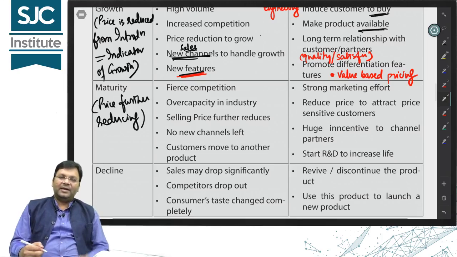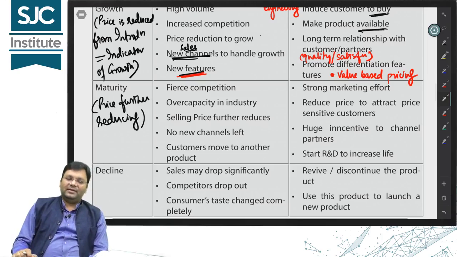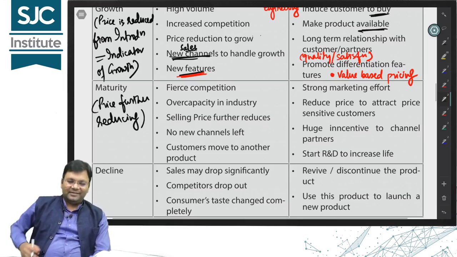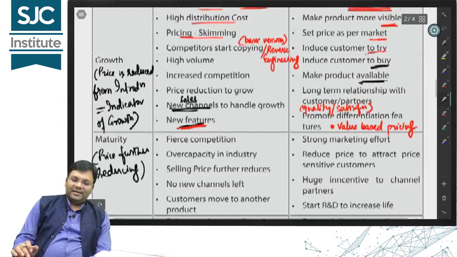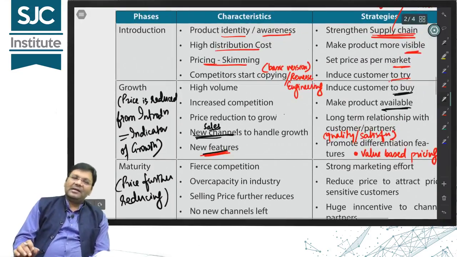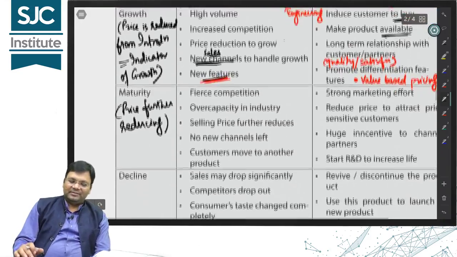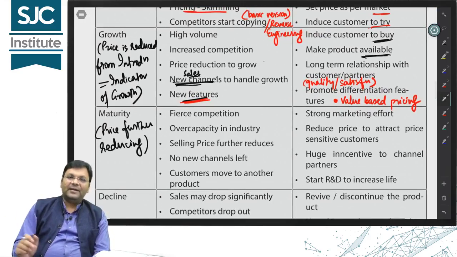The moment the price reduces, it means it is entering a new life cycle phase. By the way, it's not necessary that there will be only three reductions. You can do multiple reductions based on market scenarios. The growth phase may have two price reductions also. That depends again on the volume.